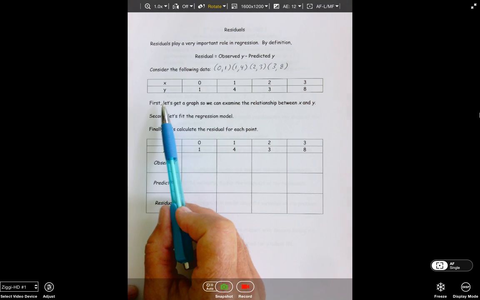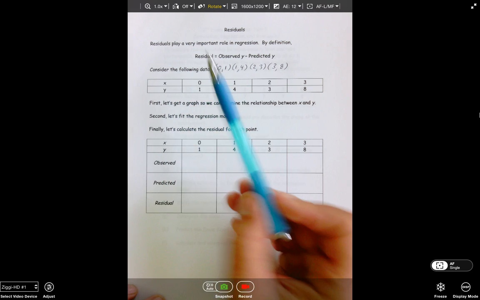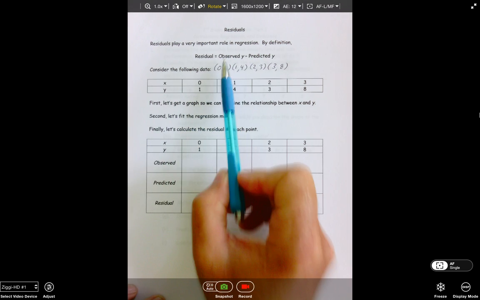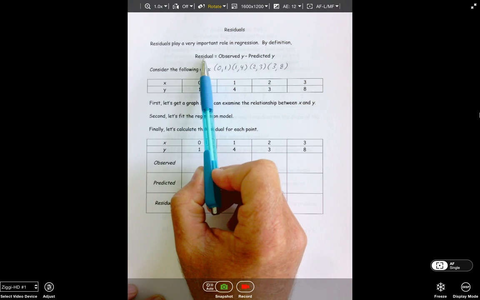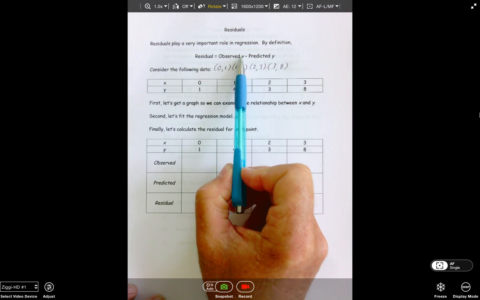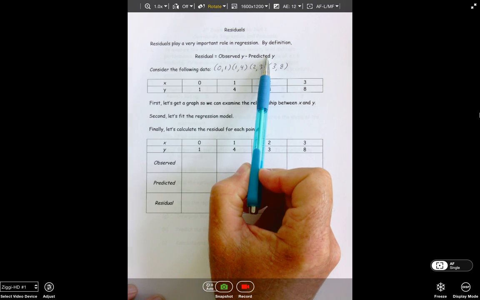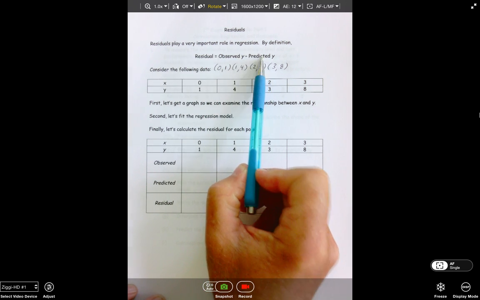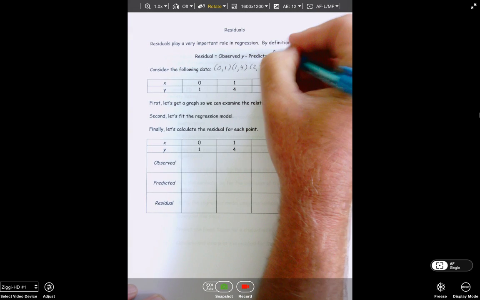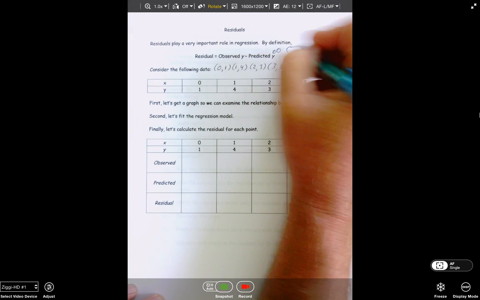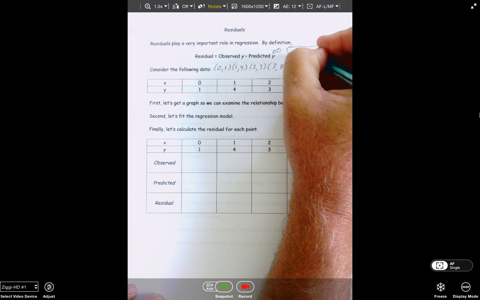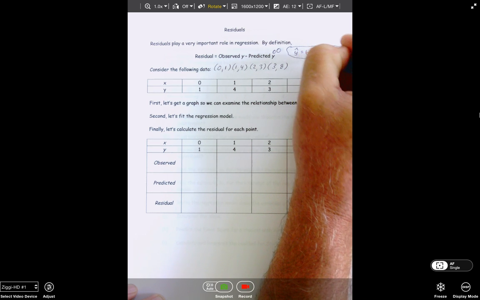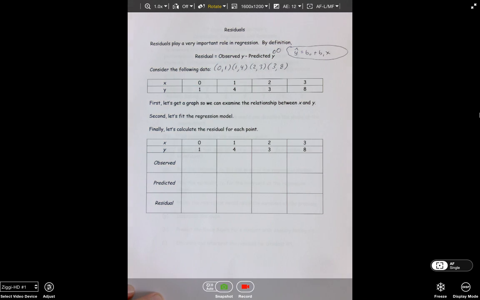Now, the best way to get an idea what a residual is is to look at the graph. But again, let's go back up to the definition. A residual is the observed y minus the predicted y. And remember, where do we get the predicted y's? We get this from the regression model that we've talked about in previous videos.